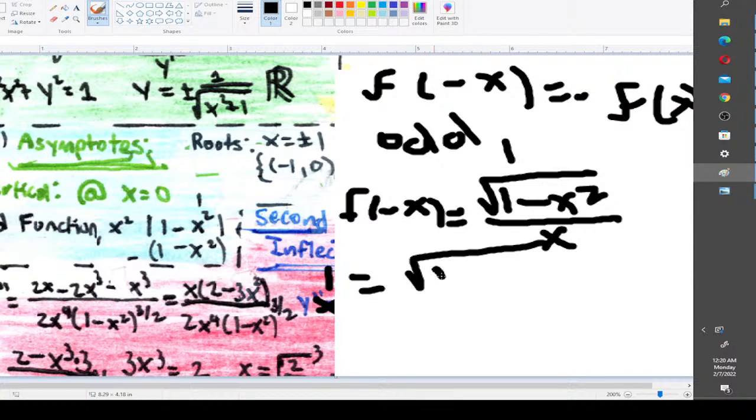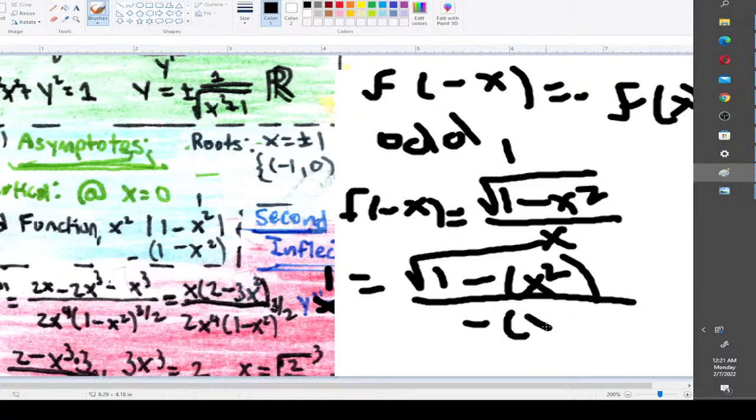Anything squared, anytime you put a negative inside of a square, it's always going to be positive, so it's not going to really affect anything. We can leave it the same. But in the denominator, we'll get negative x, which means we can just factor out a negative and we'll have the same thing. So we know f of negative x is equal to negative f of x.